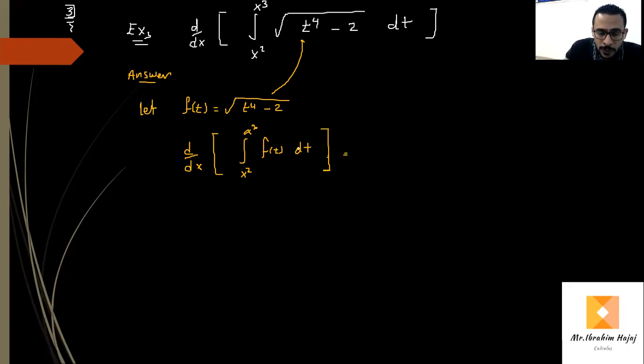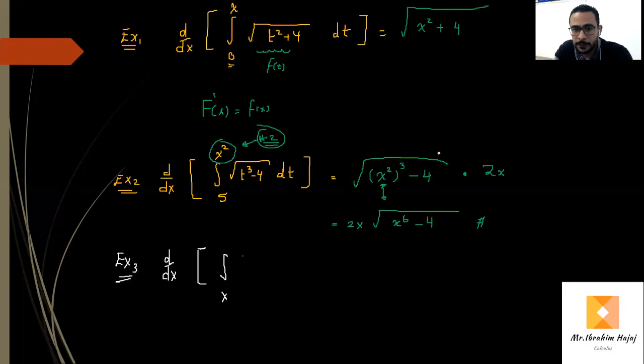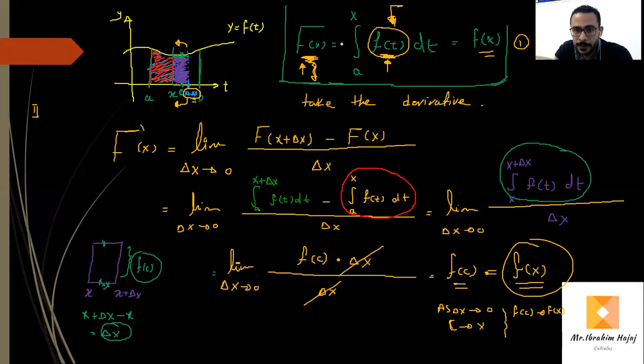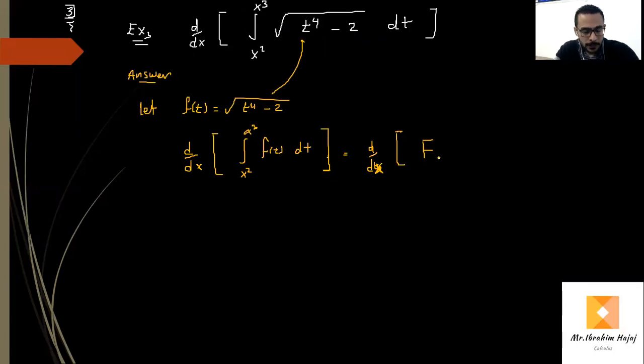What does this all equal, guys? As the fundamental theorem of calculus states, d over dx of this is f uppercase of t, and then you do substitution from x squared to x cubed.